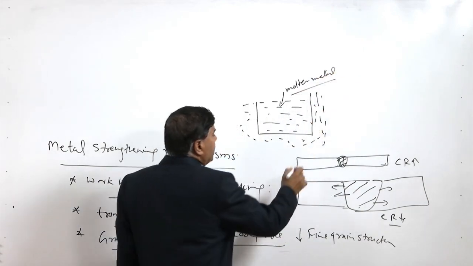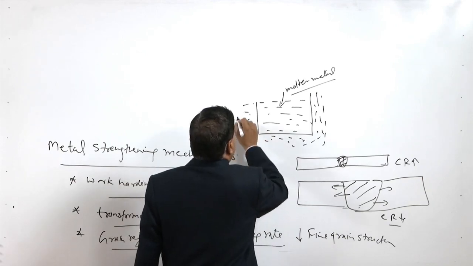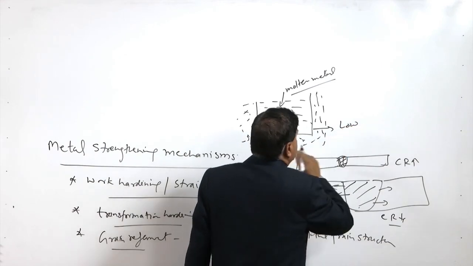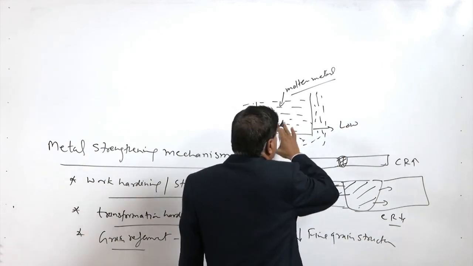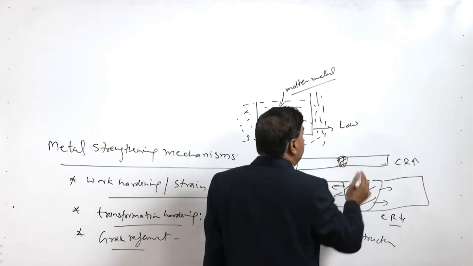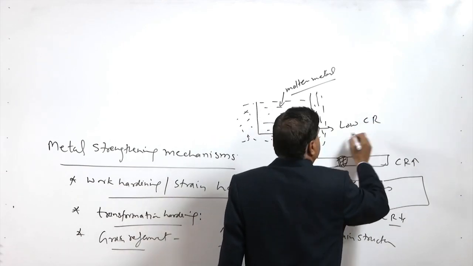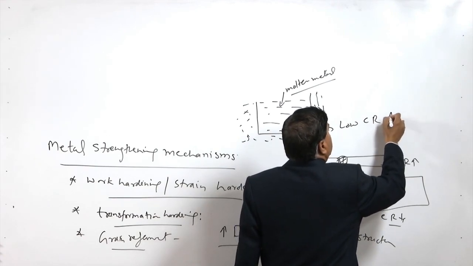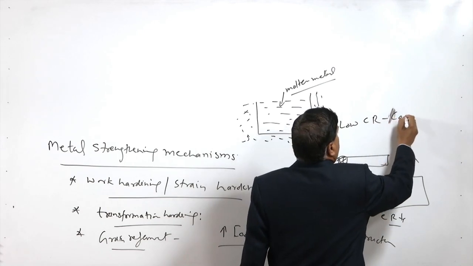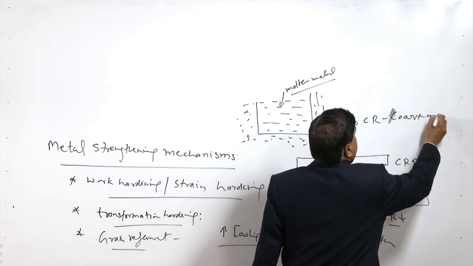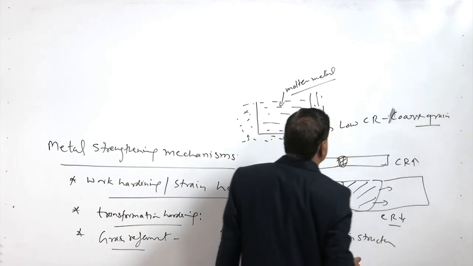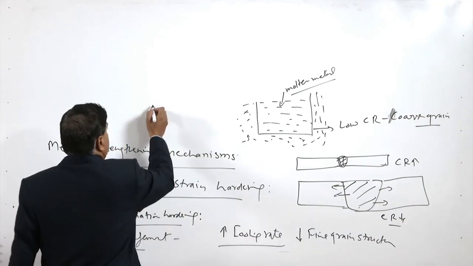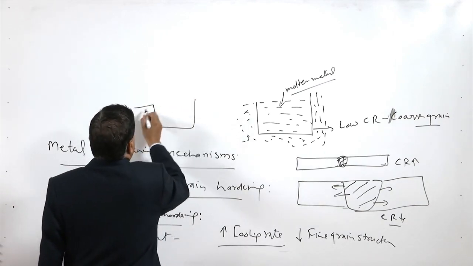So, the molten metal in case of sand mold casting experiences the low cooling rate, because sand is of the lower thermal conductivity, so it extracts the heat from the molten metal slowly. So, low cooling rate in case of the sand mold casting results in the large grain size or coarse grain structure, which in turn results in somewhat poorer mechanical properties as compared to the case when the metal mold is used.